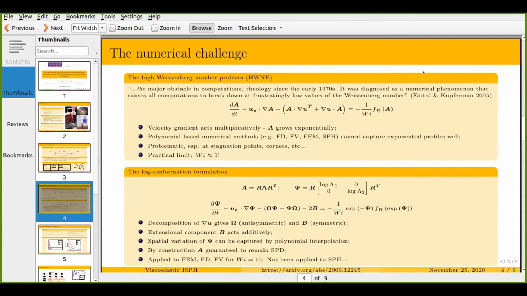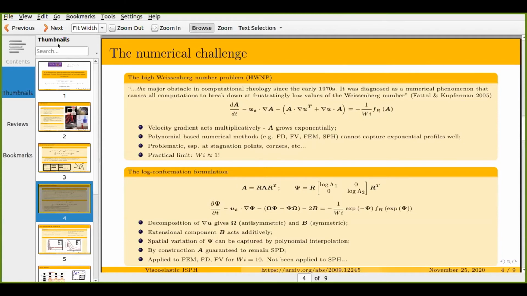Eventually, Fattal and Kupferman worked out one of the causes of this, which was that the velocity gradients in the conformation tensor evolution equation act multiplicatively. So we have these exponential profiles in the conformation tensor, which means we have exponential profiles in the polymeric stress. And finite difference, finite volume, SPH, all these polynomial-based numerical methods can't capture exponential profiles. So we were underestimating gradients and then overestimating the growth of stresses, leading to a blow up.